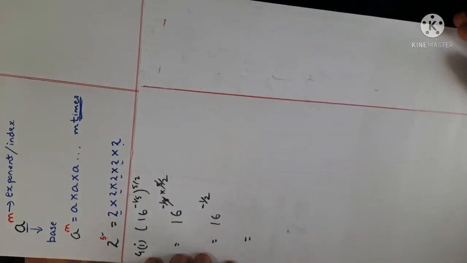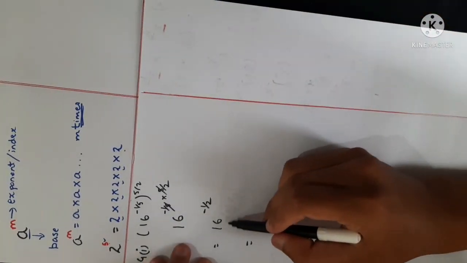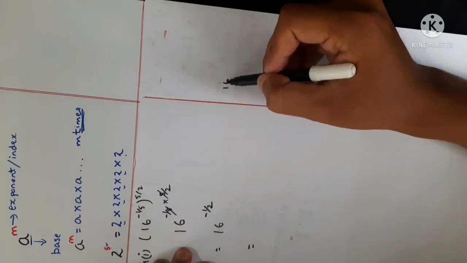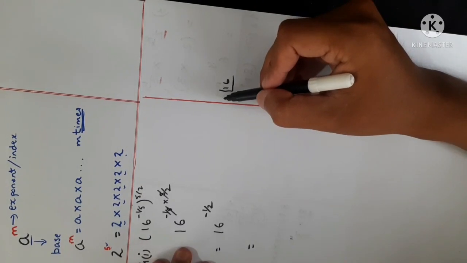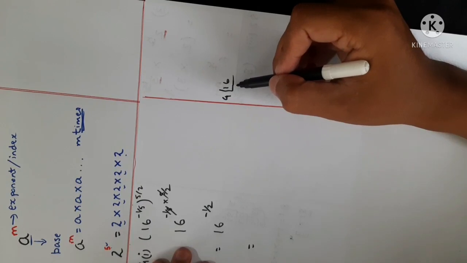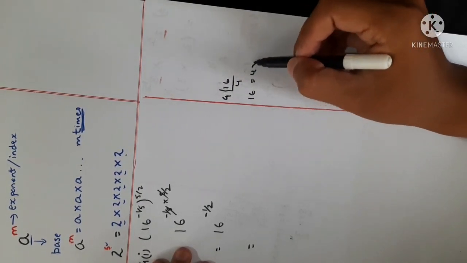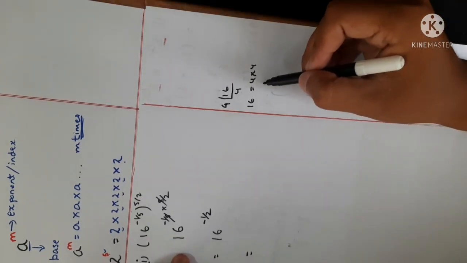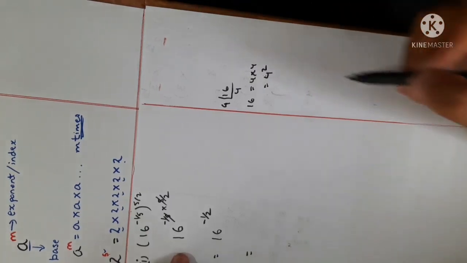16 raised to the power minus 1 by 2. So here what we do is we factorize first the 16. Factorizing 16, we will go directly with 4. Okay, you will see why we go with 4. 4 multiply 4 equals 16. So 16 equals 4 multiply 4, and this can be rewritten as 4 to the power square, isn't it?